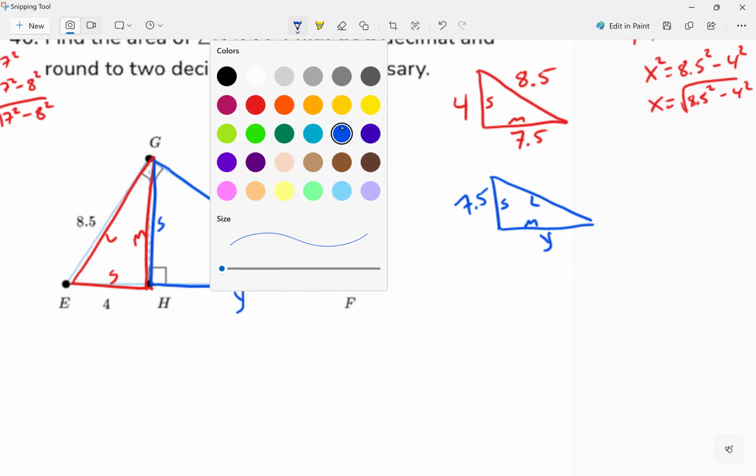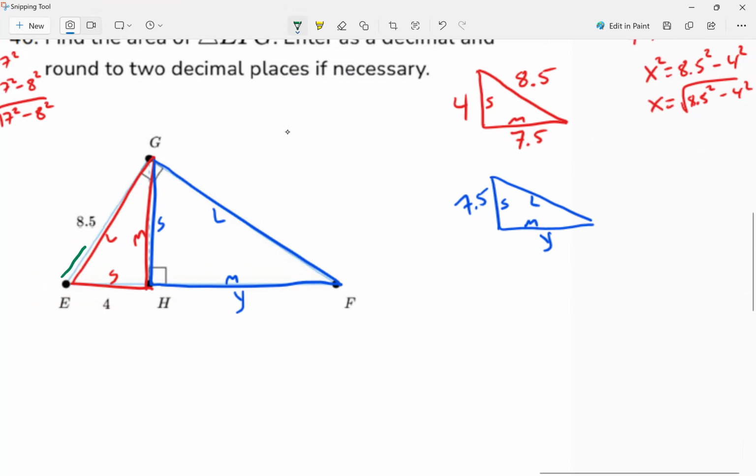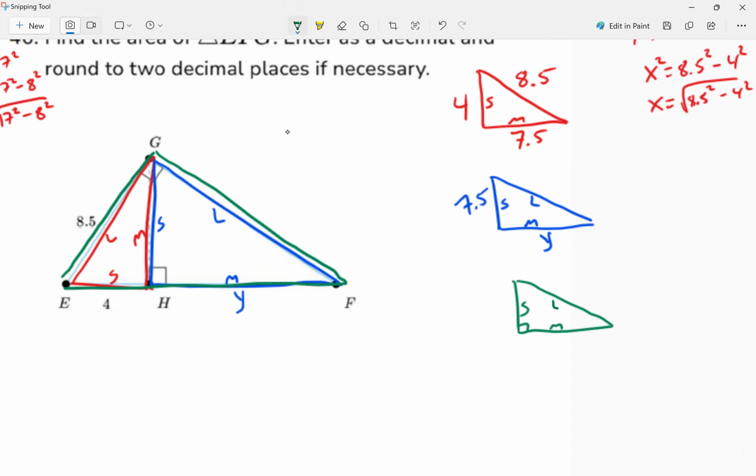And then I can even look at the big triangle. Let me call it in green. The small side of the green triangle is 8.5. The medium side, I don't know, it's blank.